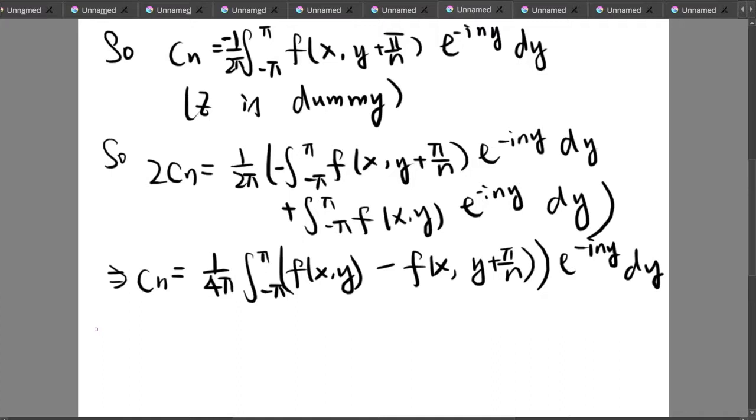And therefore Cn is equal to 1 over 4 pi times such an expression. From this expression, if n is sufficiently large, then these two things will be very close to each other, and therefore Cn will tend to 0 independent of x. So we use this idea here.